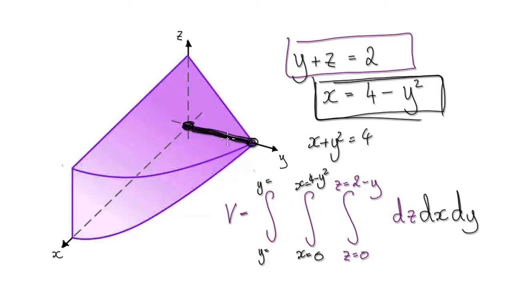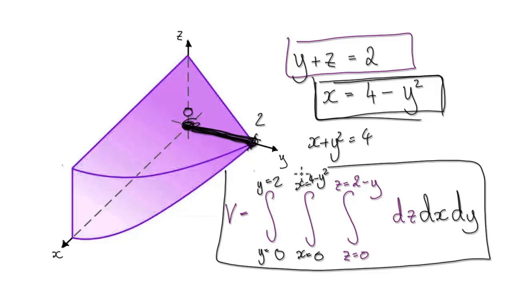So now we're integrating from y equals 0 to y equals 2. So our whole integral is given by this thing here. So the volume of this solid is given by this.